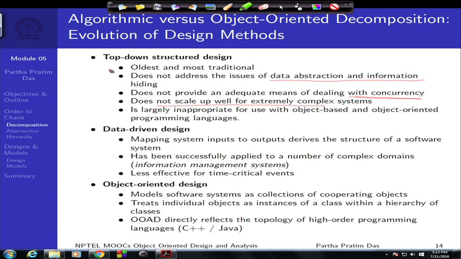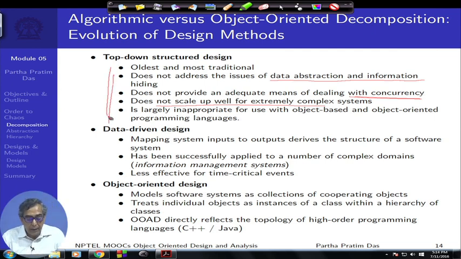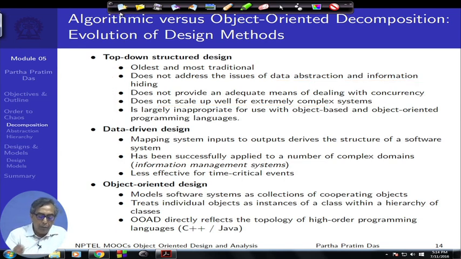So, this approach went on for quite some time, and it still is predominant with many of our designers and in many design areas, and needs to be understood. But for the broad community of object based and object oriented languages and paradigms, this has become obsolete.